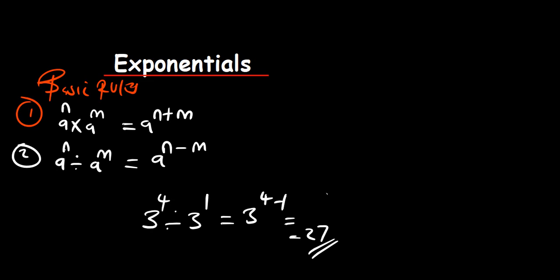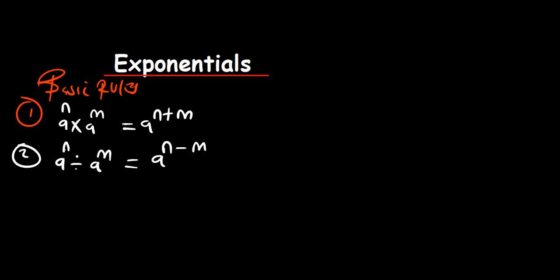Not very complicated. Okay, so you're able to see now that in logs, your addition of logs gave you a multiplication. Your subtraction of logs gives you a division. But for the exponentials, it is the opposite.